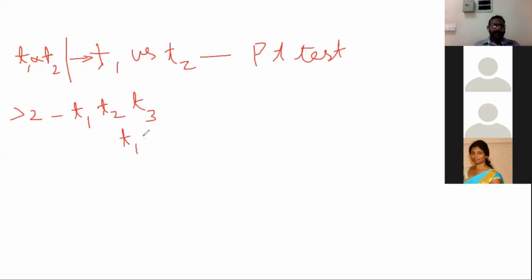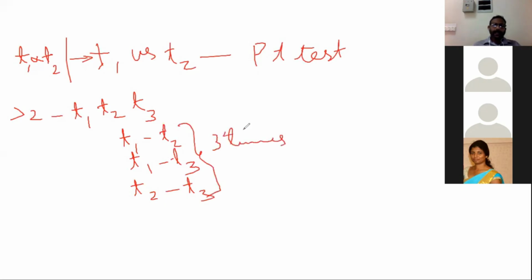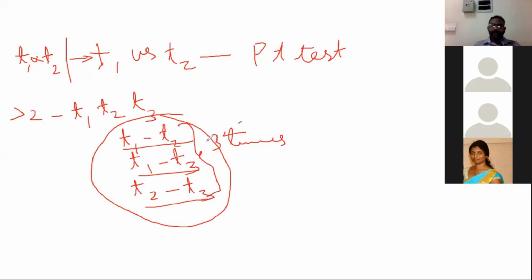T1 versus T2, T1 versus T3, and T2 versus T3. So three times, right? Later we will talk about the problems that arise when you do the t-test three times.